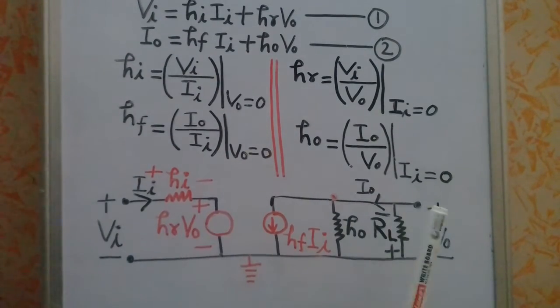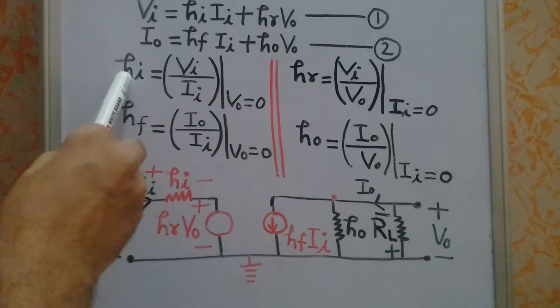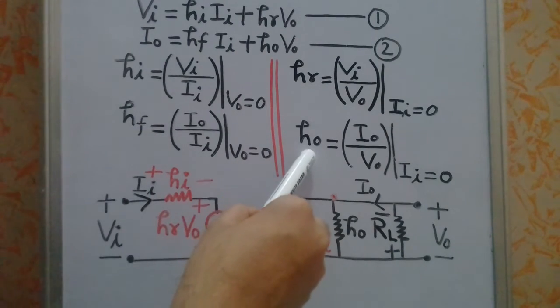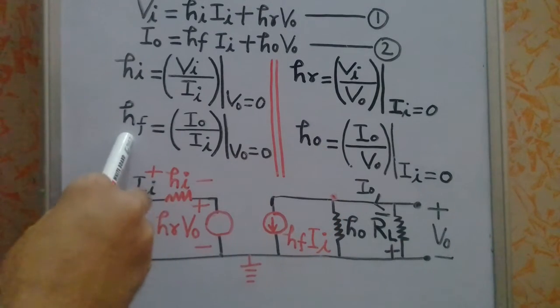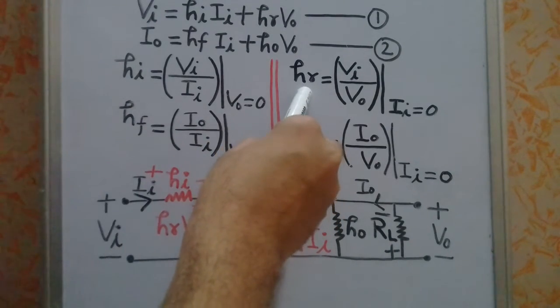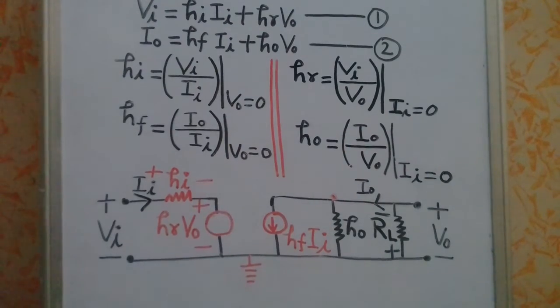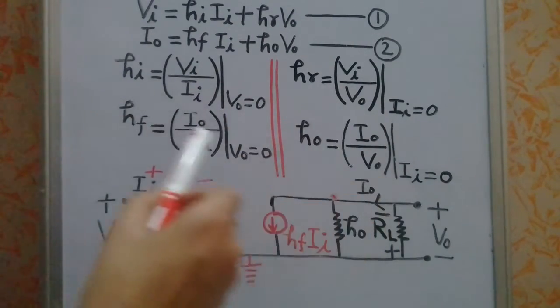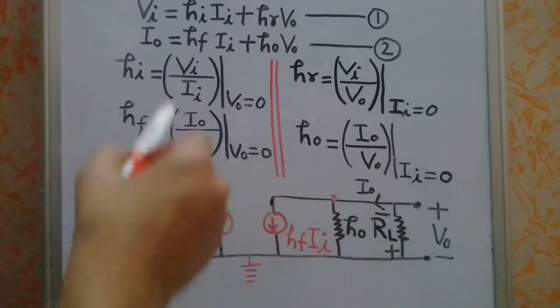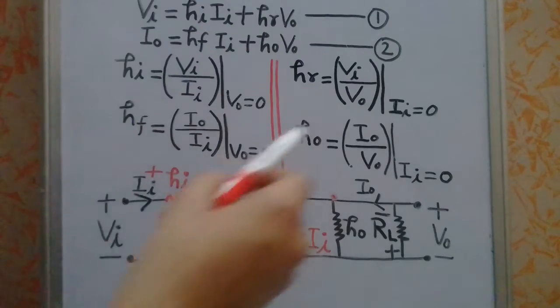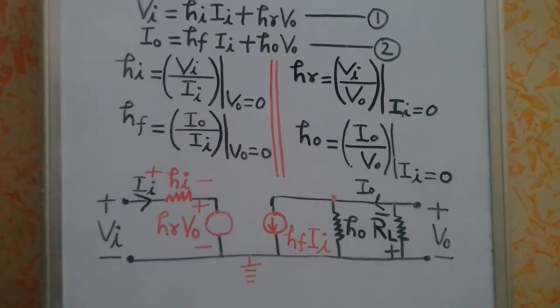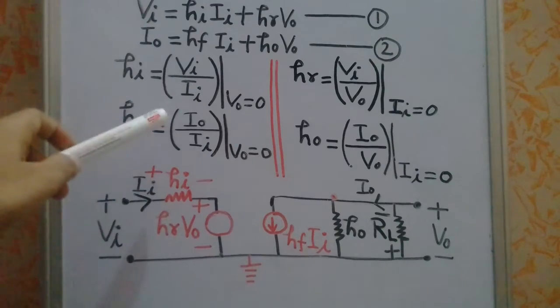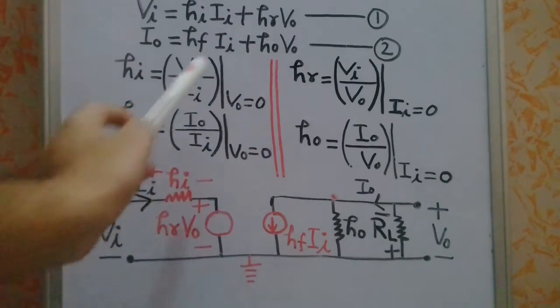So this is in general the H parameter model of a transistor, and this model is used to calculate various quantities like input impedance HI, output admittance HO, forward current gain HF, and reverse voltage gain HR. Since all these quantities can easily be calculated with the H parameter model, it is best and suitable for their calculation.